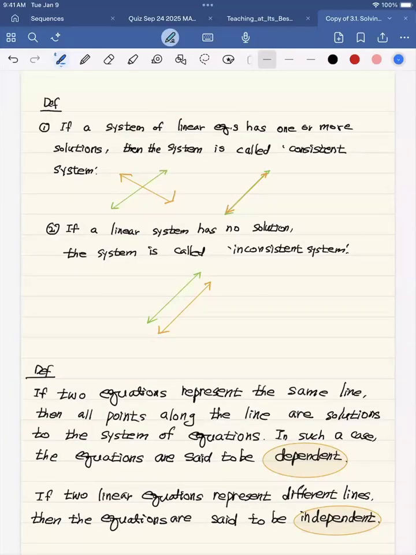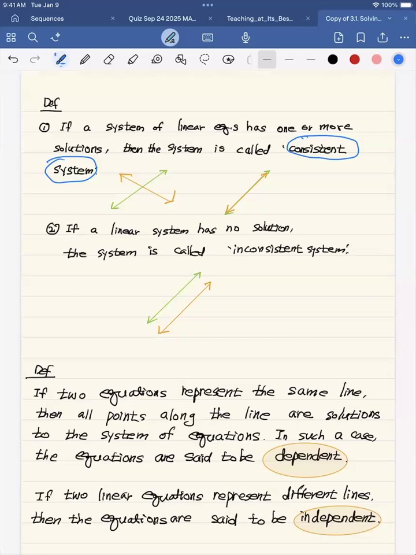Let's suppose that we have a system of linear equations that has one or more solutions. Then the system is called a consistent system. There are two cases. If they have different slopes, then definitely those two lines must meet at one point.